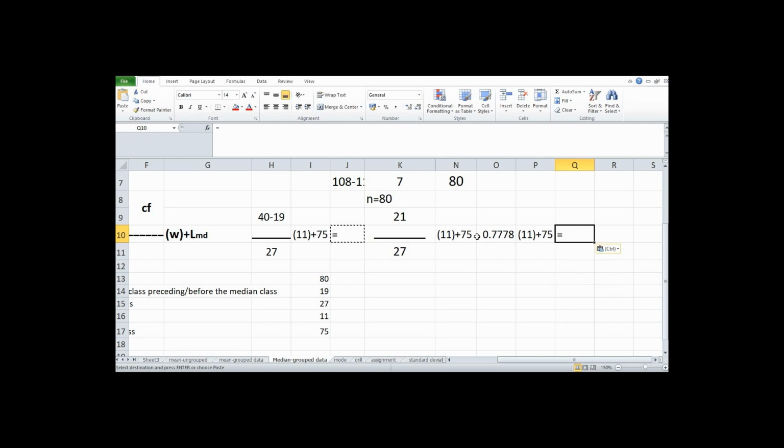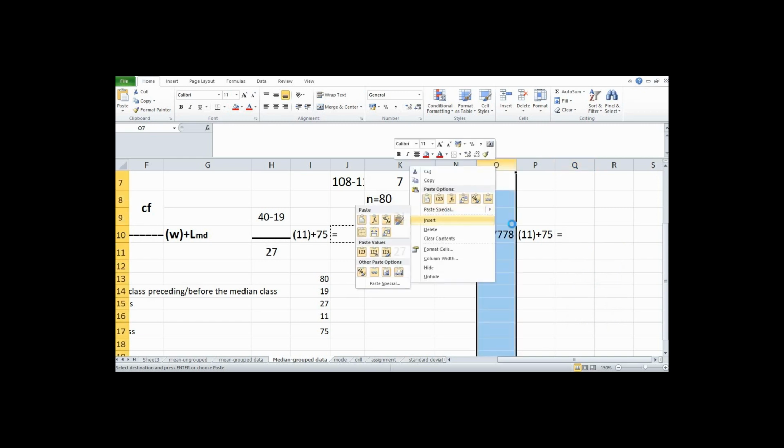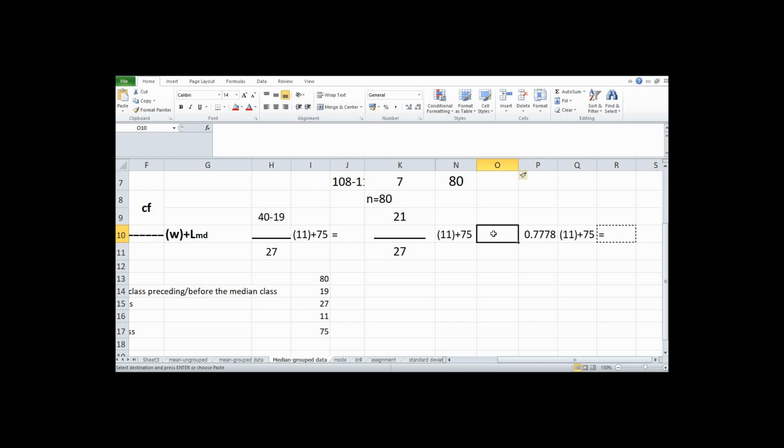Now, we need to multiply 0.7778 by 11. So the value will be 8.5558, plus 75.